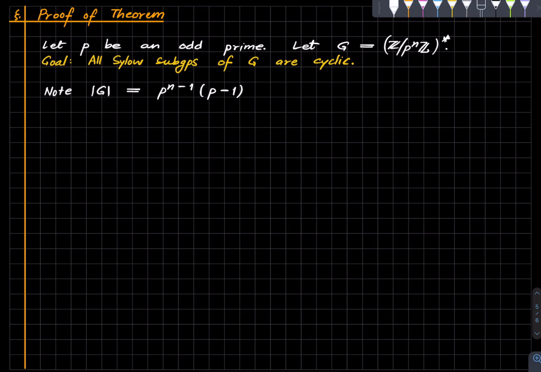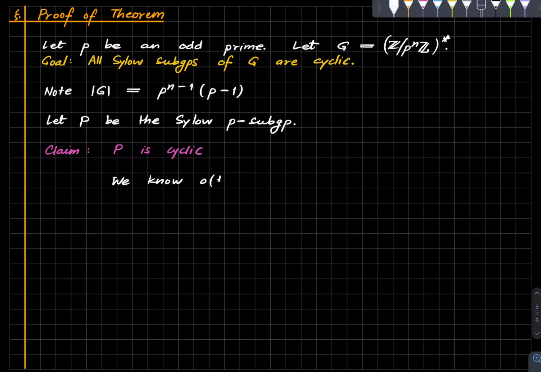Okay, so first of all, let P be the Sylow p subgroup, the Sylow subgroup corresponding to the prime p. So the first claim is that this is cyclic. We'll show that this is a cyclic group, but this is clear because we know the order of this element in the group G is this, and that's it.